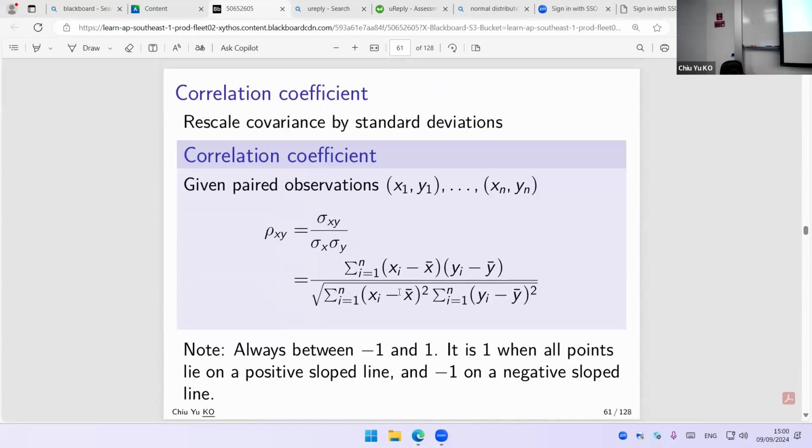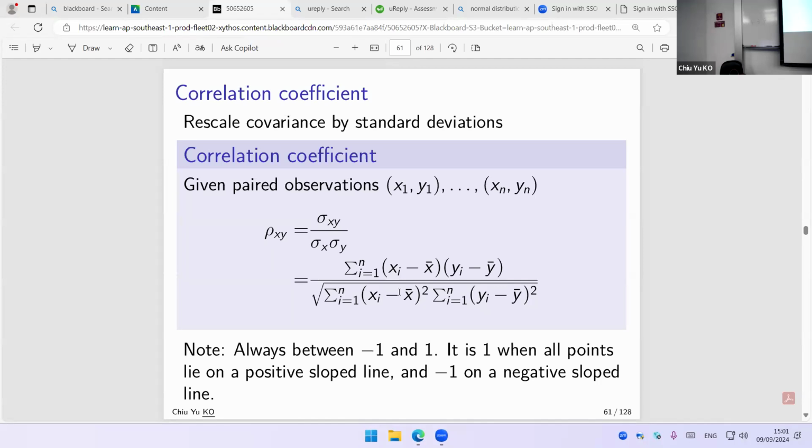Because we want a measure that is without unit. And another reason, the most important reason, is that this is always between -1 and 1. The maximum is 1, the minimum is -1. You cannot have 2, you cannot have 3, you cannot have -4. No, it's always between -1 and 1.